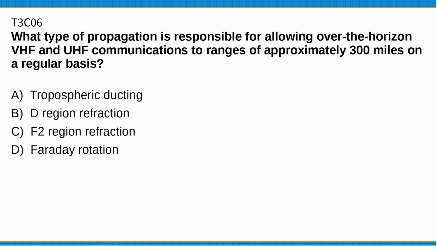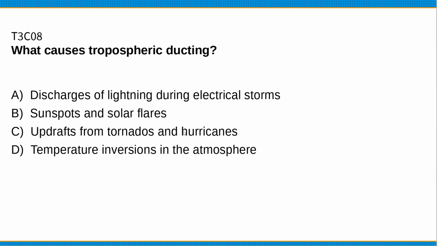So what would that be? Because we didn't talk about the other ones. Yeah, but that didn't say how far. Oh, I need to go put that 300 miles in there.